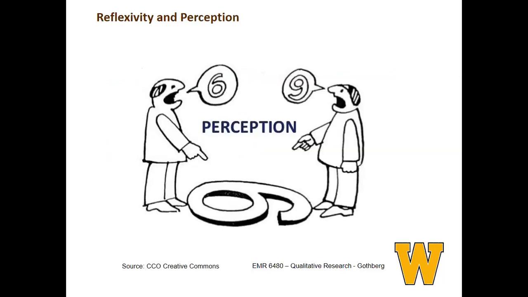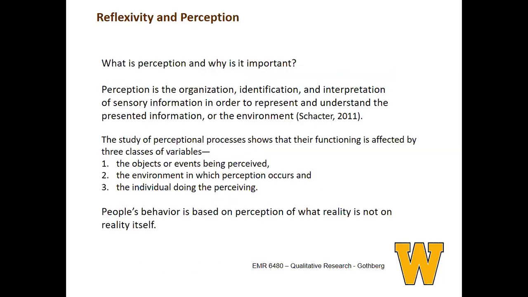So I want to move a little beyond this into perception. And this is just a cute little cartoon where we have two men arguing whether it's a 6 or a 9. And you can see it depends on where you're standing. So when you think about perception, why is it important?